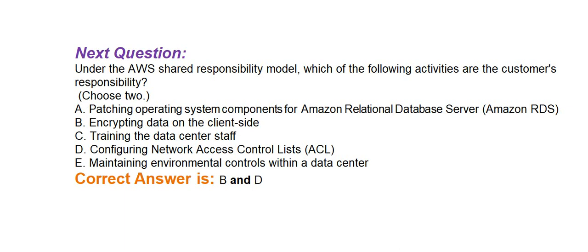Option D. Configuring network access control lists, ACL. Option E. Maintaining environmental control within a data center. Correct answer is option B and D. Encrypting data on the client side and configuring network access control lists, ACL.